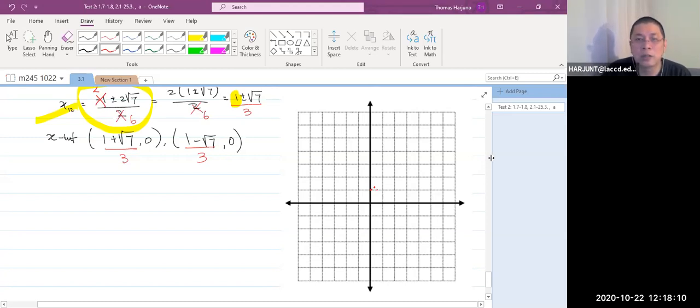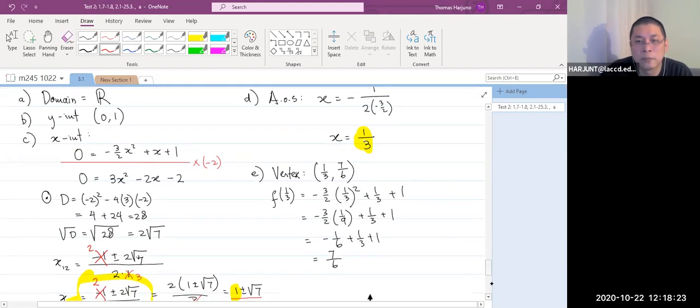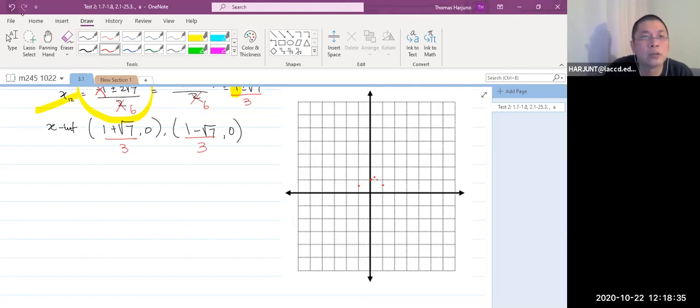The x-intercept we don't know, but what happened when x equals 1? When x equals 1, I get 1/2. So by symmetry it must be 1/2 also here. No, it's not there. It's not symmetric there. And then just plot more coordinates.